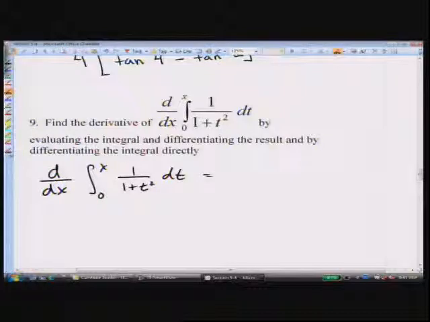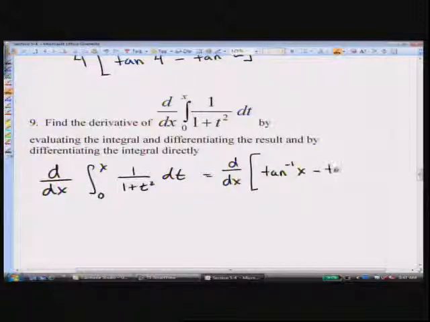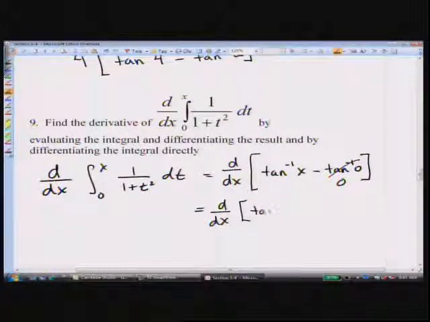This is going to be the inverse tangent of x minus the inverse tangent of 0. So this is the derivative with respect to x of the inverse tangent of x minus the inverse tangent of 0. Now, hopefully you remember that the inverse tangent of 0 is just 0. Do you remember that? Okay. So the derivative with respect to x of the inverse tangent of x is what?